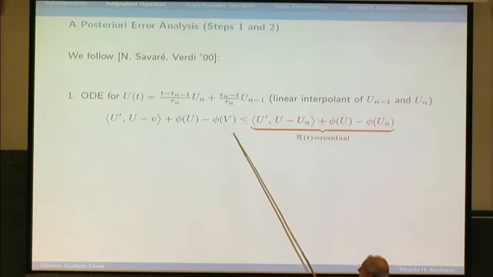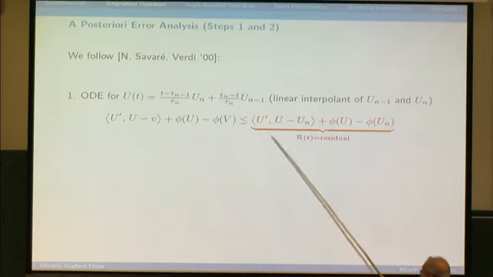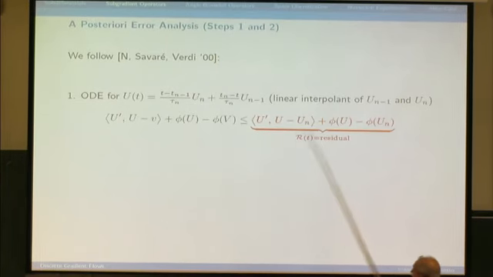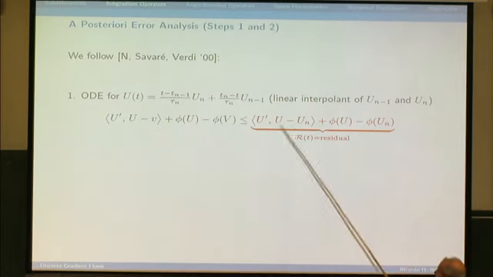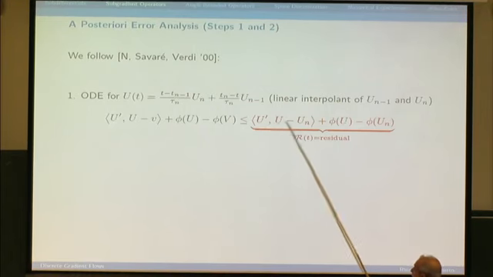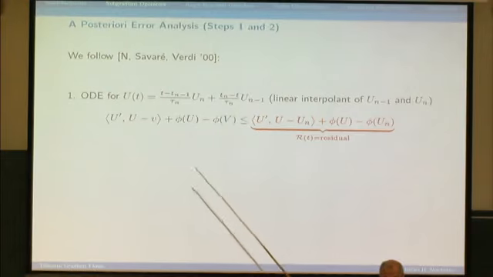Okay? And of course, I don't get less or equal to 0. I get a measure of how well this capital U satisfies the variational inequality, which is here on the right-hand side. Okay? I call that a residual. You see, it depends on the continuous solution, the discrete solution u_n and this interpolant. So this quantity in red will be important for us.